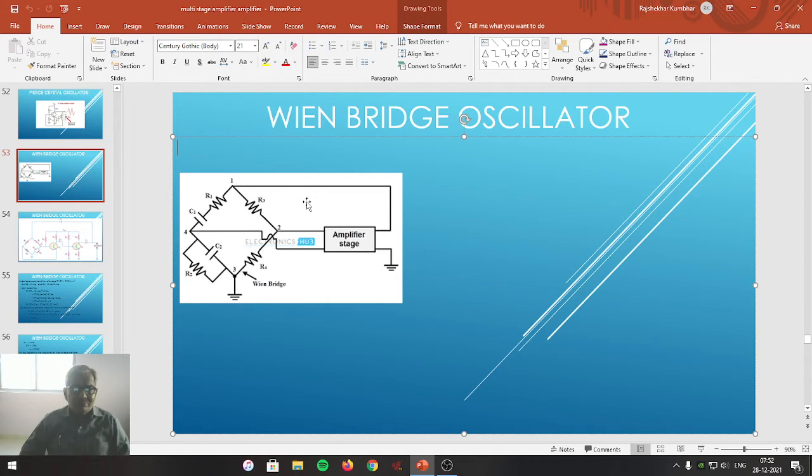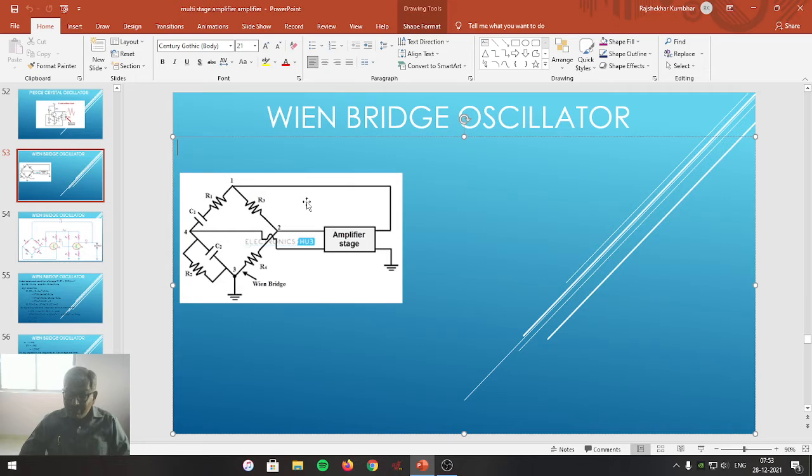Across the two junctions, a DC supply is connected for its operation, and across the remaining two junctions, a galvanometer is connected. Friends, if the bridge is balanced, means the ratio R1 upon R2 is equal to R3 upon R4, then we can say the bridge is balanced.